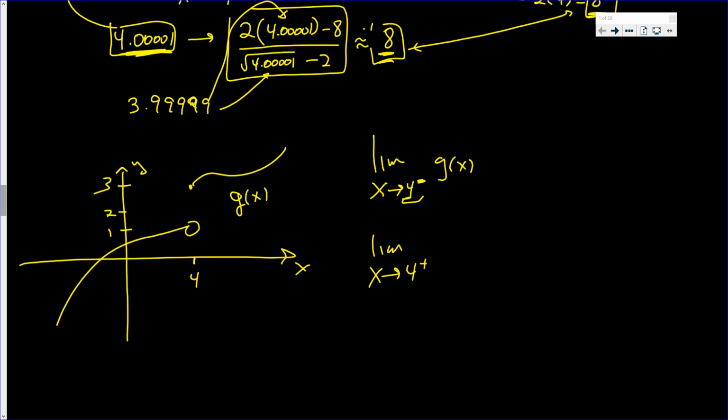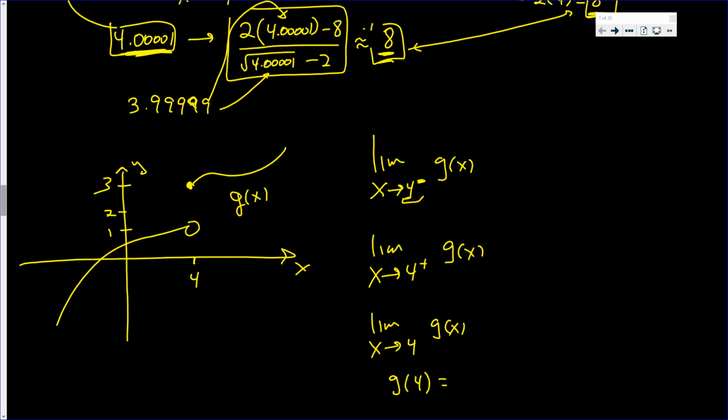I want to know what that limit is. And then I want to know what the limit is of g of x at 4. No plus or minus sign up there. What is that limit? And then I want to know what g of 4 equals.